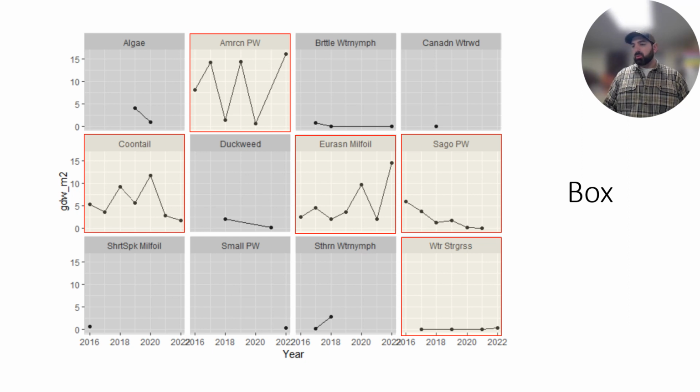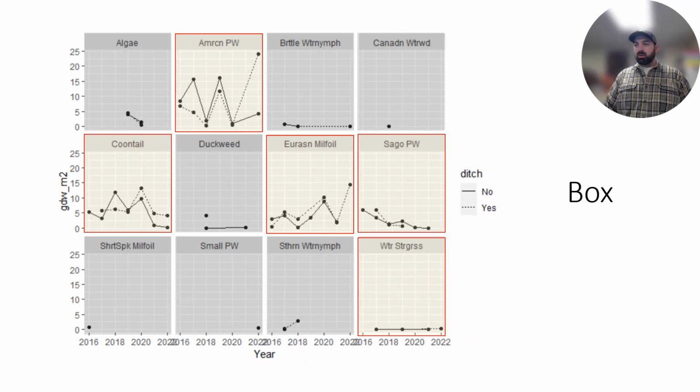One thing that is important to note, as mentioned earlier when looking at densities, is that densities were different, particularly in the last year in 2022 and somewhat in 2016, between ditches and other parts of the lake. So I just want to highlight how that works for these particular plants.